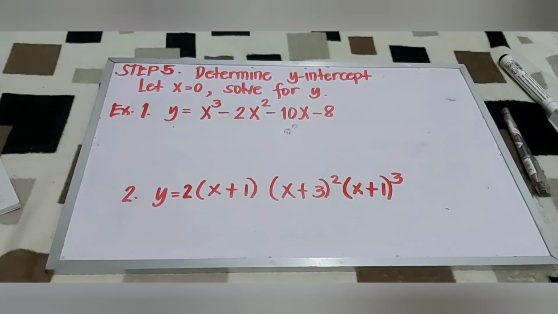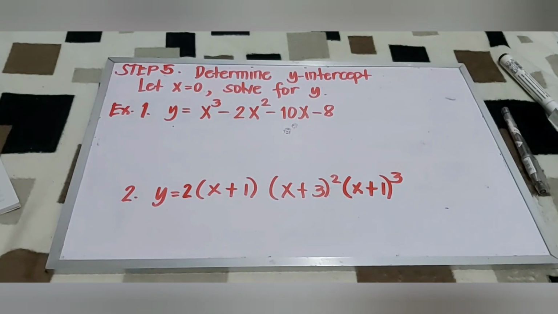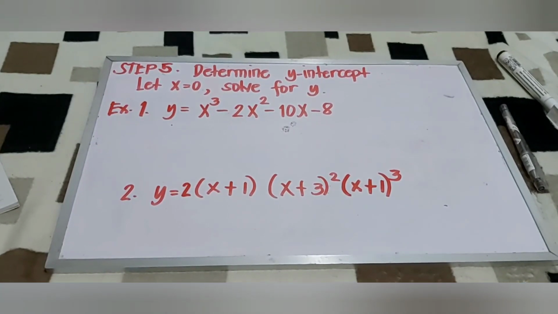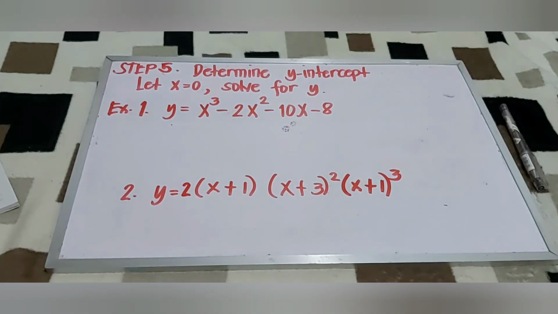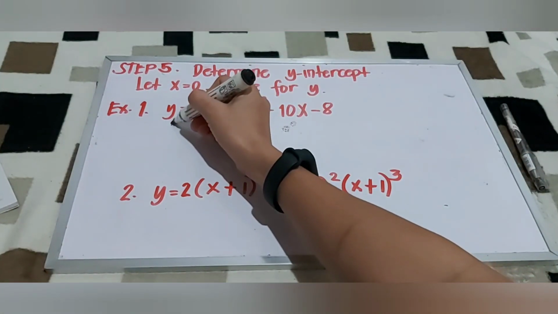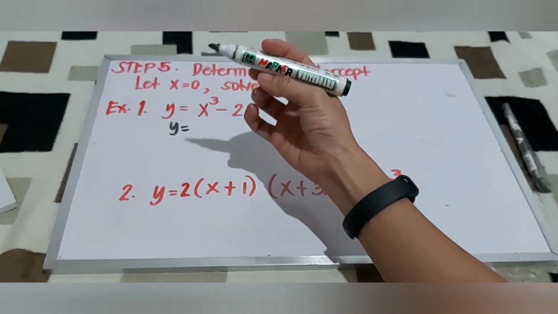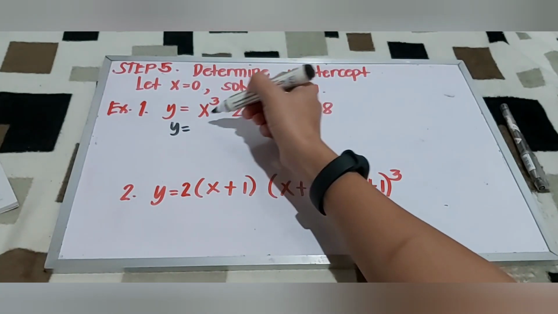So, this is step 5 in graphing polynomial functions. You have to determine the y-intercept. How? Let x equal 0 and solve for y. So, example number 1. y is equal to x cubed minus 2x squared minus 10x minus 8. Let x be equal to 0. So, let us rewrite our equation and replace all x with 0.